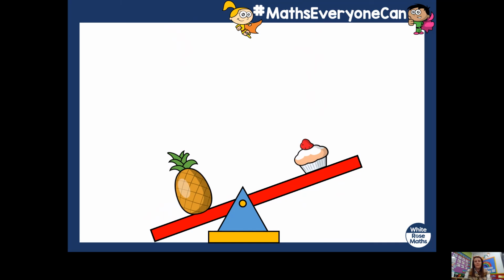What has happened, reception, to the weighing scales? Perfect. The pineapple is heavier. It has made the weighing scales tip. That must mean the cake is lighter than the pineapple. Did you use those two key words, heavier and lighter, to predict?